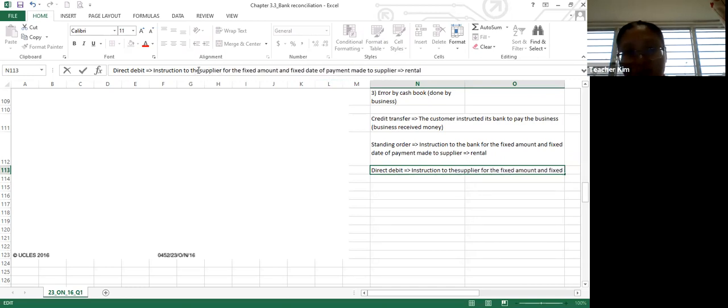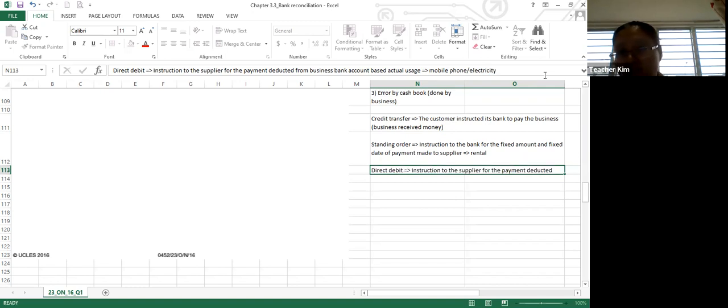We give the supplier instruction for the payment to be deducted from the business bank account based on actual usage. This one we very often use for the mobile phone charge, the bill, all this type of thing, the electric bill. Now almost everyone is using this also. You can just deduct from my account.